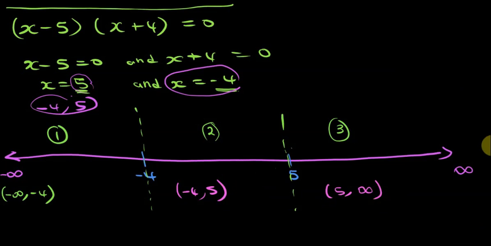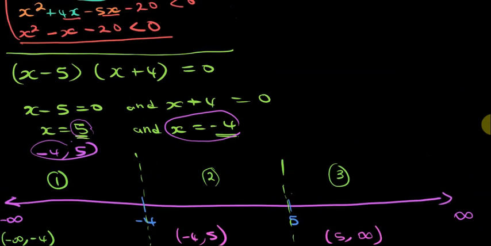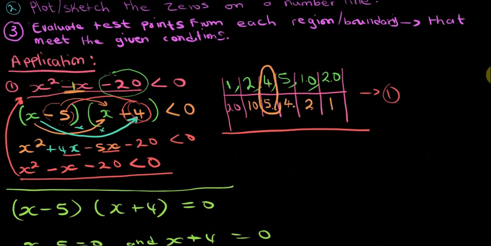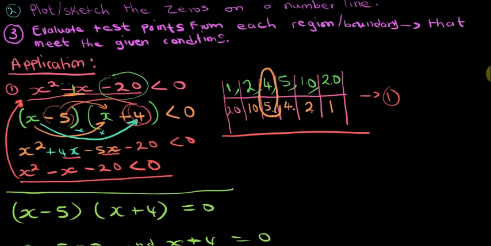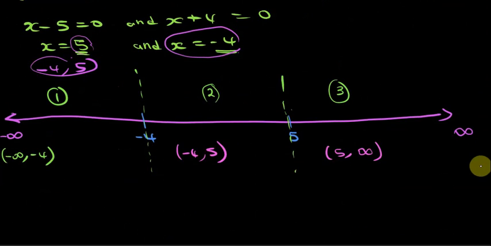The next step says we need to evaluate test points from each region and see which ones meet the given condition.